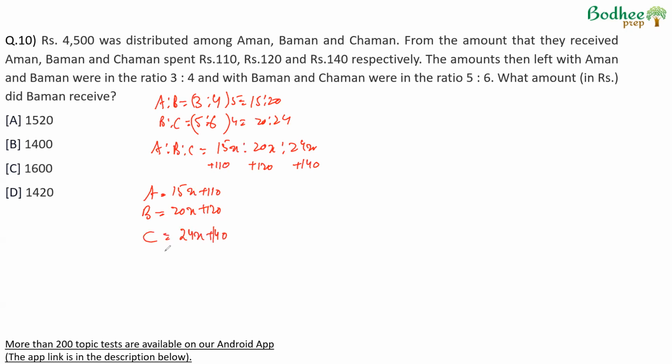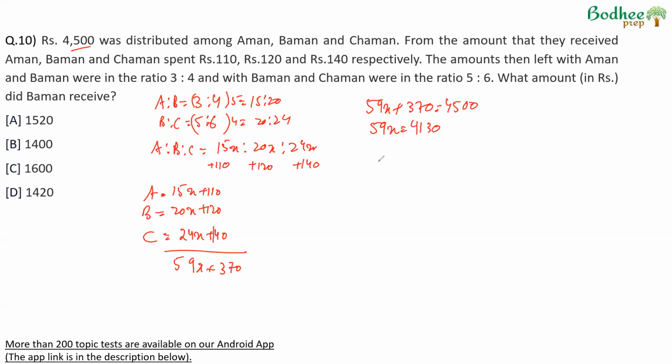So the total amount of money that ABC had together will be 59x plus 370 rupees. This is the amount of money that they had initially. And this is nothing but 4,500 because that was distributed. So we can write 59x plus 370 is 4,500, which means 59x is equal to 4,500 minus 370.